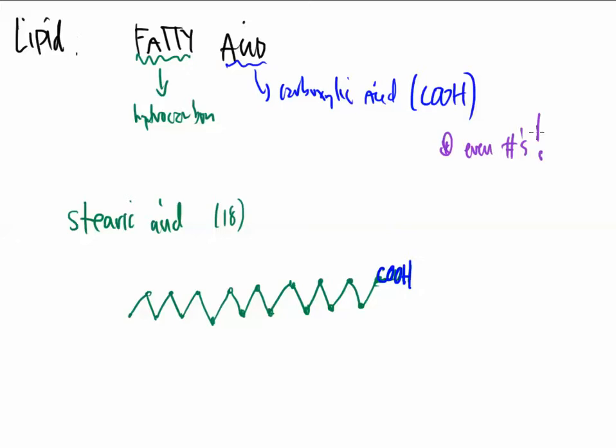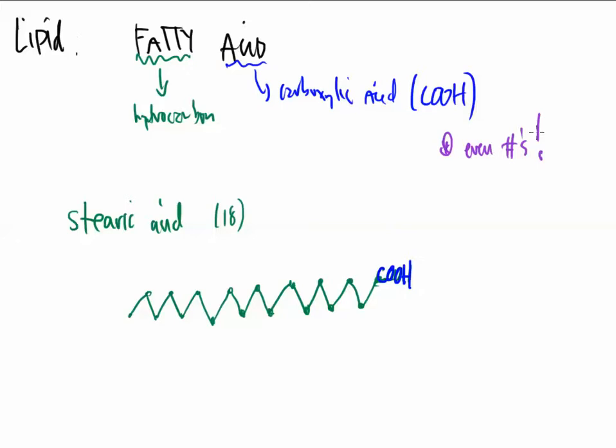We don't see an odd number of carbons in these structures, and there is a reason, and we will talk about that reason, but for now this is a property that we can associate with fatty acids. They do have even numbers, and they have even numbers because of a very special reason that we will see in the next few minutes or in the next video.